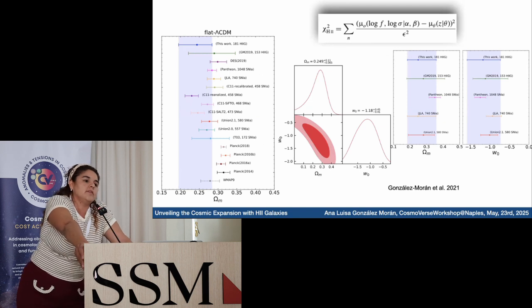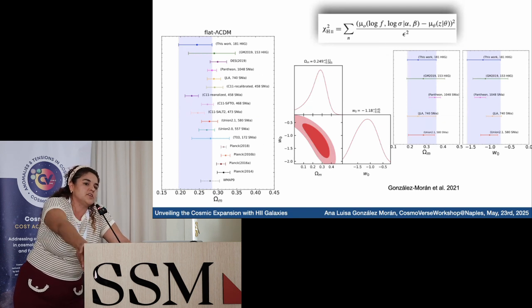We compare that observed distance modulus with a theoretical distance modulus, which depends on the redshift, on a set of cosmological parameters, and of course on our uncertainties.